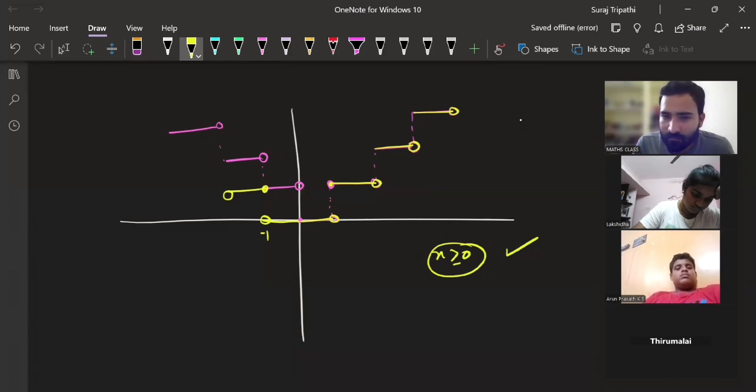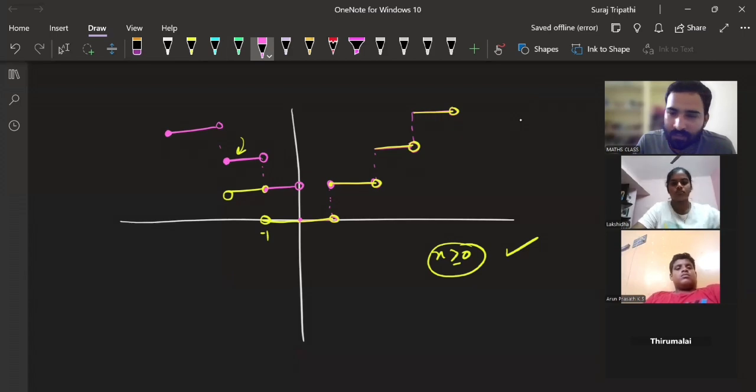Again the next graph will start. As you can see in this graph, this portion is filled; here we had a filled circle, and here also. In the yellow line graph we have a filled circle here also. Open, like this. So this graph goes to open.